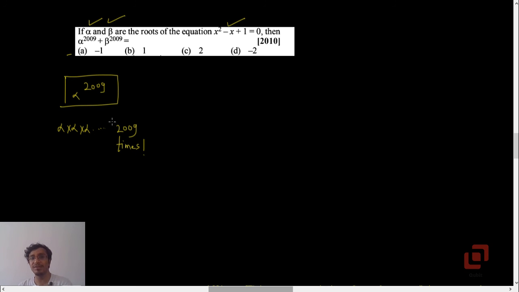So there must be some trick, and more often than not that trick involves complex numbers, particularly the exponential form of the complex numbers. e to the power i theta into r, where r is the modulus and theta is the argument.